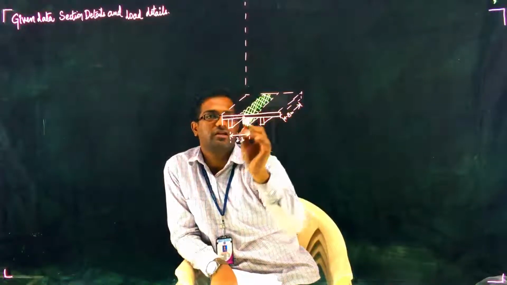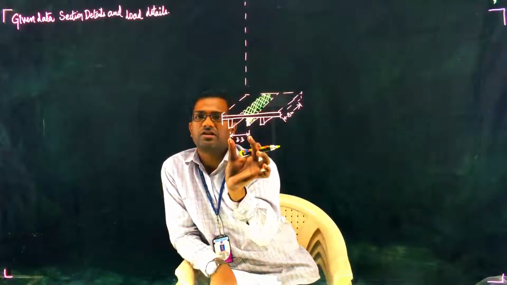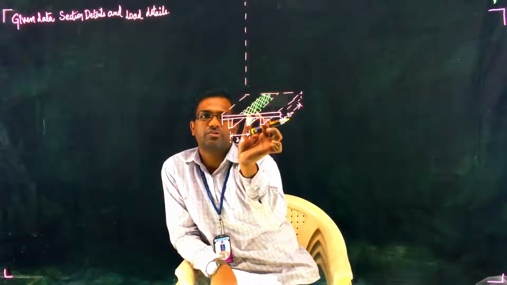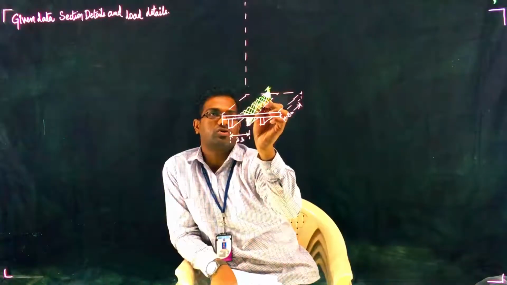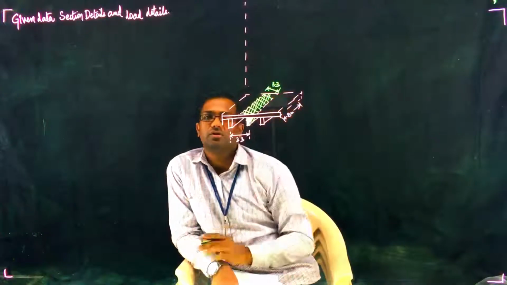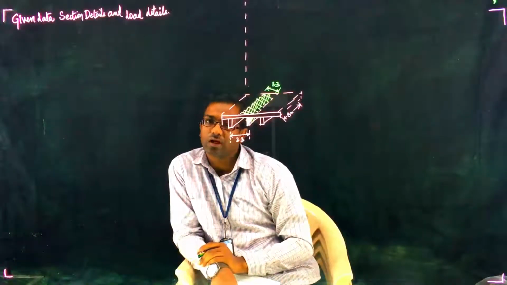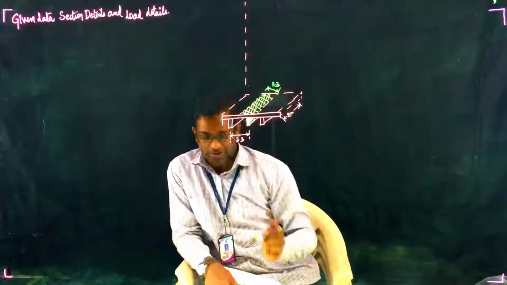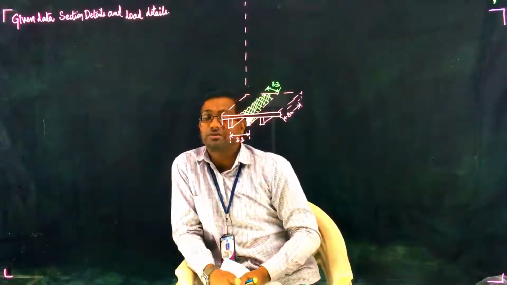If center to center is 3.3 meters, then this would be 3.3 by 2, and this would be 3.3 by 2. So 2 times 3.3 by 2 will give you 3.3. So the total load taken by one T-beam is of width 3.3 meters.